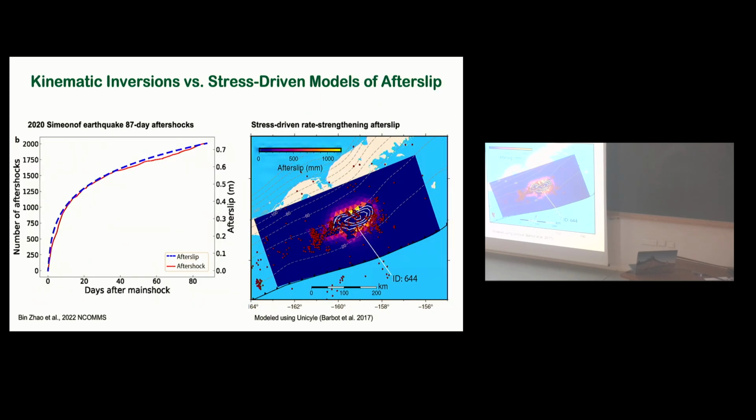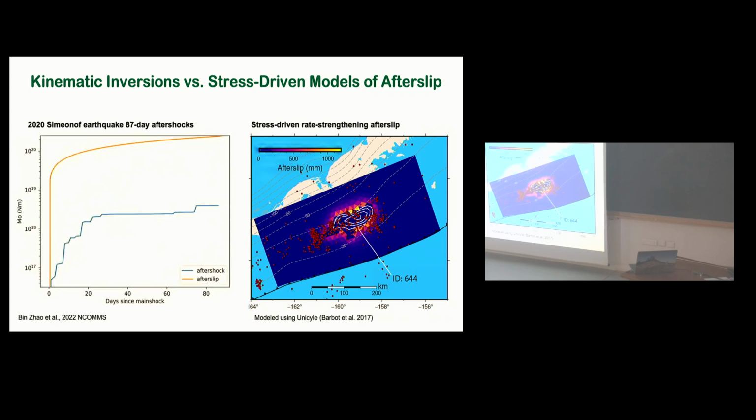And as is often observed, the decay of the slip, so this is in red, the cumulative, in blue, the cumulative afterslip, in its temporal behavior is very similar to the cumulative number of aftershocks. This doesn't tell you too much. This includes aftershocks that are actually quite far away, because ultimately aftershocks driven by an earthquake in the volume and aftershocks driven by aseismic slip on a fault will have a very similar log decay, right, in both the expressions that Jim Dieterich came up with for the respective problems.